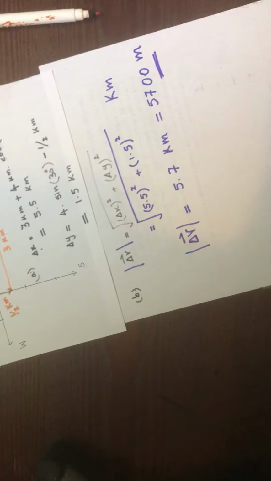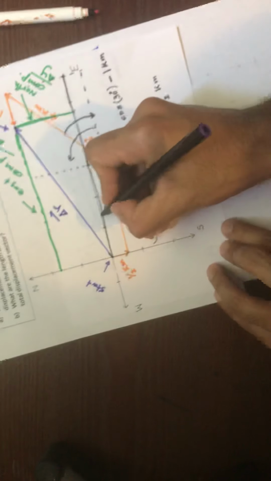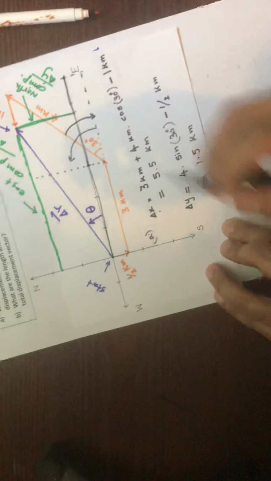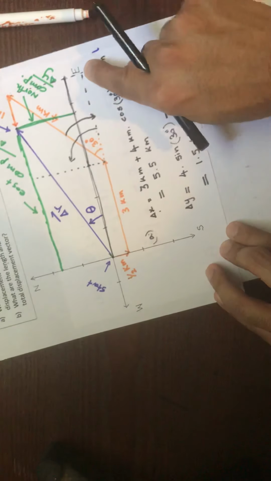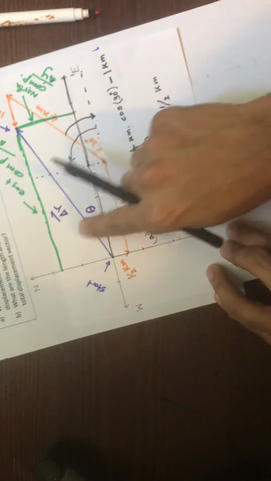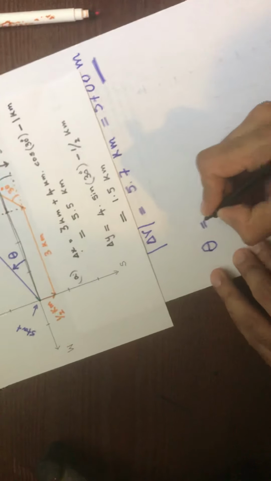This is the answer. Next part, what is the angle theta? We are measuring angle theta right here, relative to the horizontal axis or relative to the east. How many degrees should we go northward? Here we have an already defined formula.